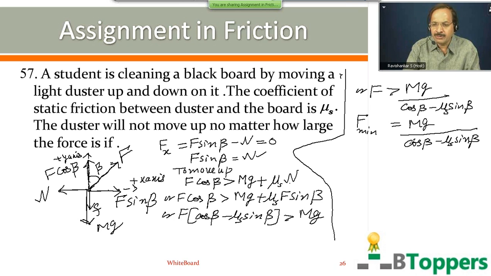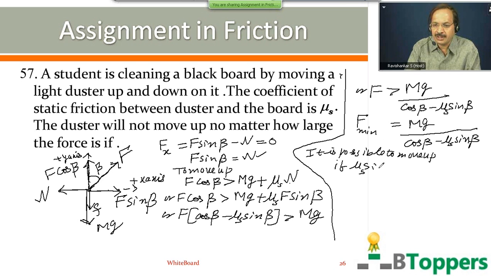So it is possible to move up by applying any magnitude of the force more than the above value if the denominator on the right side is positive, because F minimum represents the positive value, the magnitude of the force to be applied by the student.